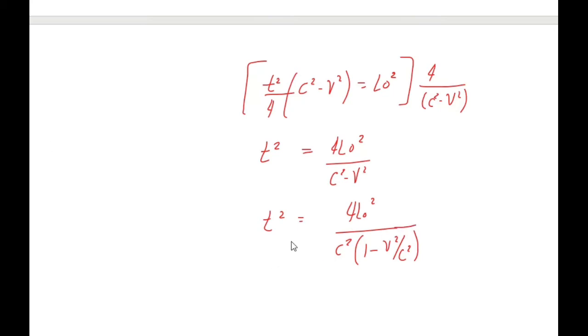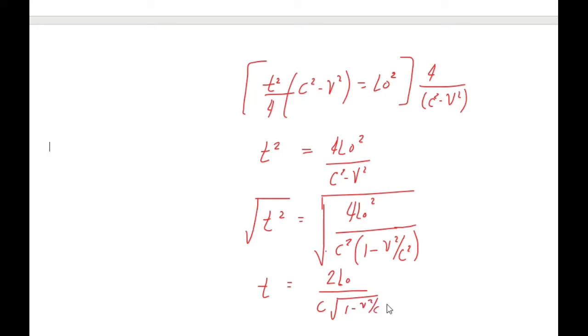So after that, let's take the square root. Okay, we now have, taking the square root of both sides, t is equal to 2 L naught divided by c, then square root of 1 minus v squared over c squared. So I think this equation looks familiar already.